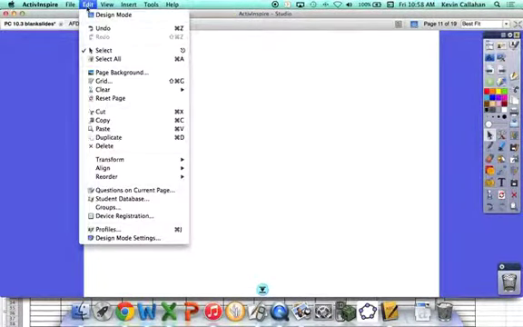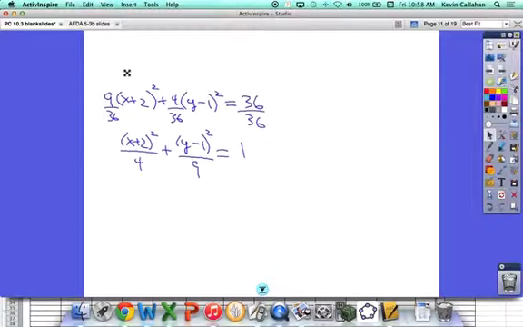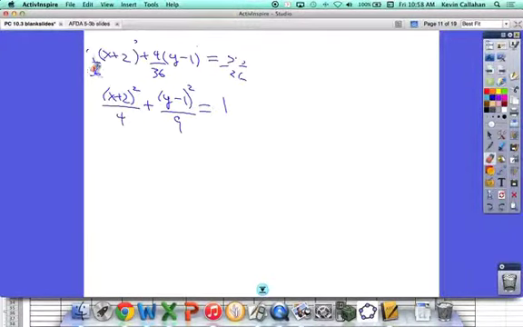Edit, paste, and erase all that stuff up there. I think that'll be good enough. Close enough for government work, as I say.